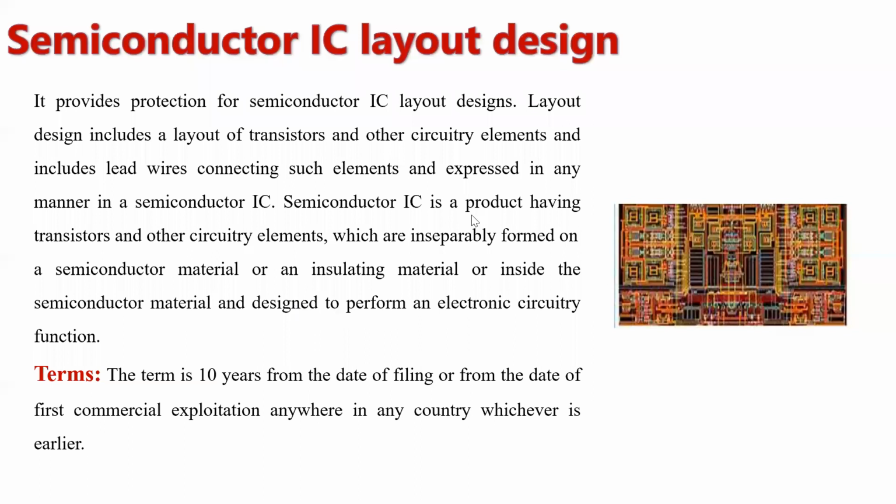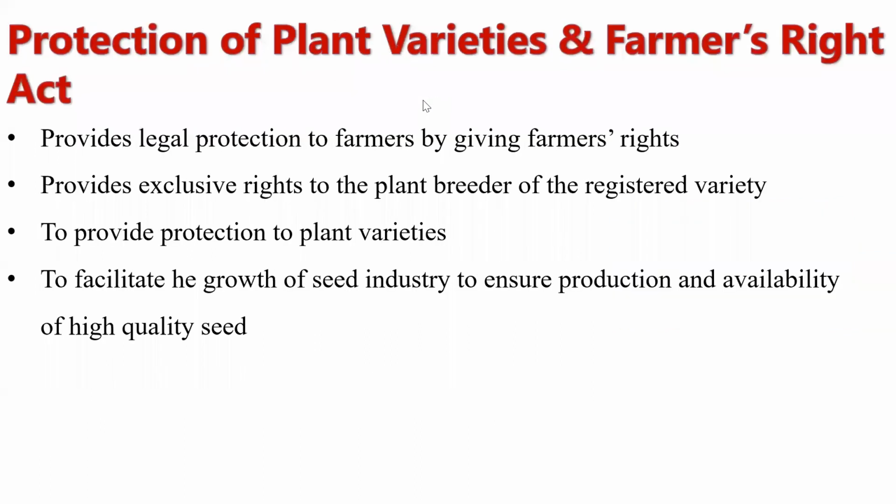Protection of plant varieties. It deals with plant breeding. Generally, plant breeding is a long and expensive biological science, but the plant varieties can easily be reproduced. Therefore, plant breeders need protection to recover their investment.